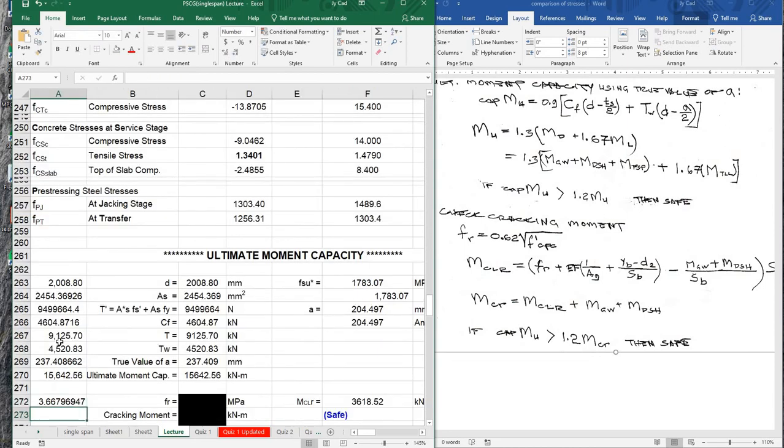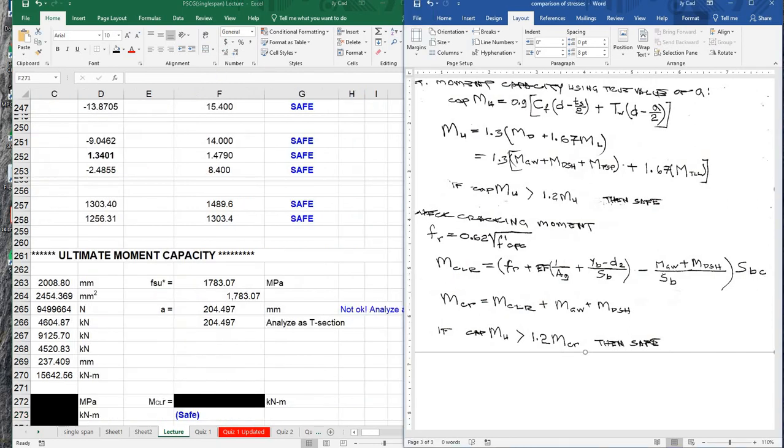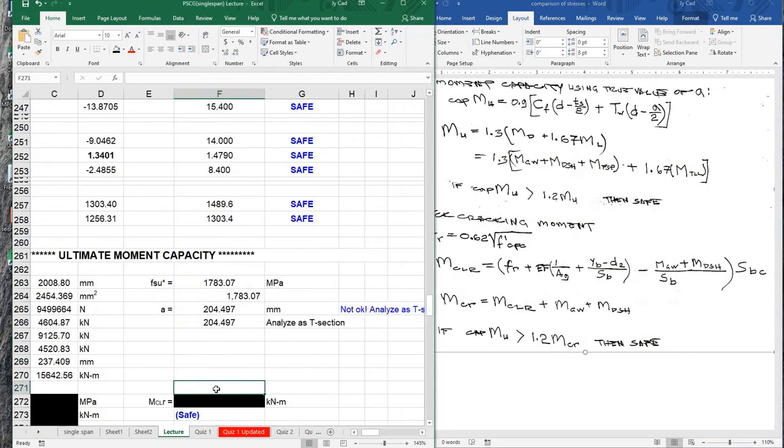And then our cracking moment. First, we have to compute our MCLR. MCLR is equal to, ito siya.